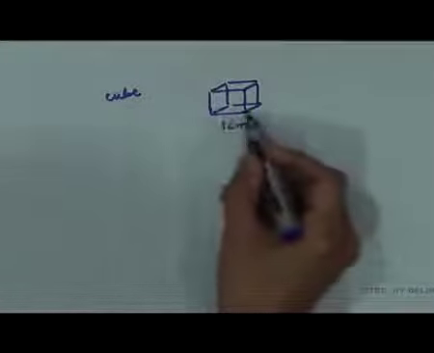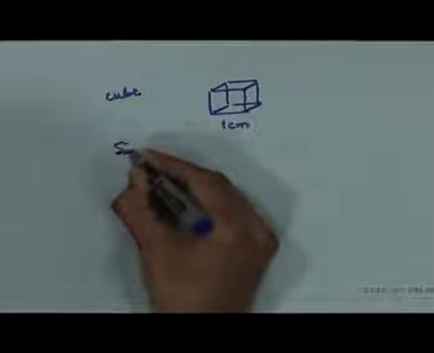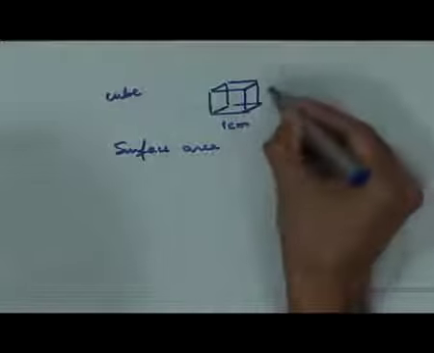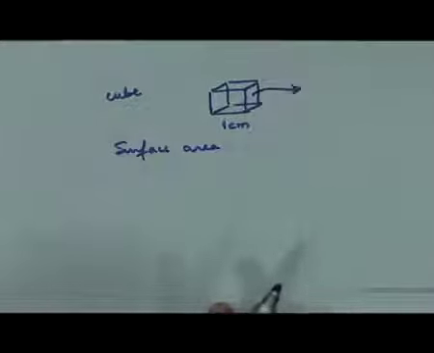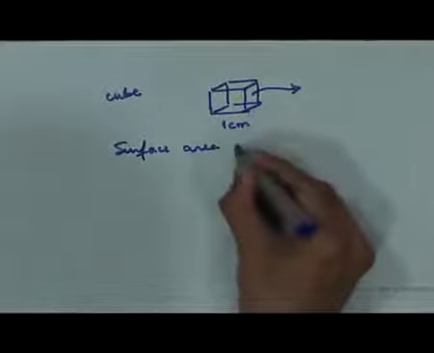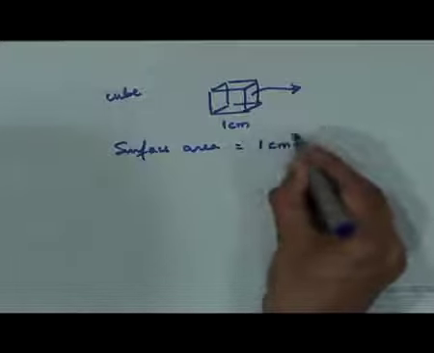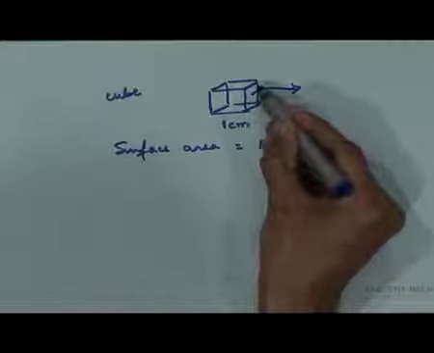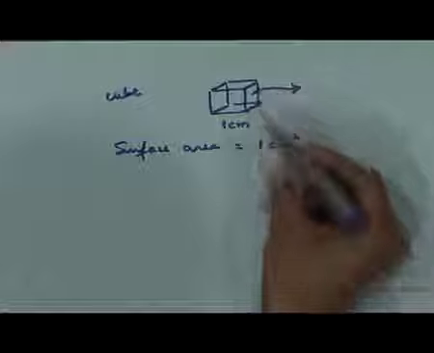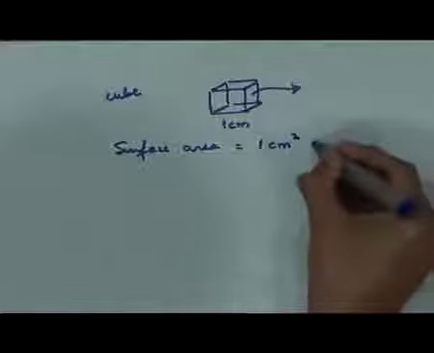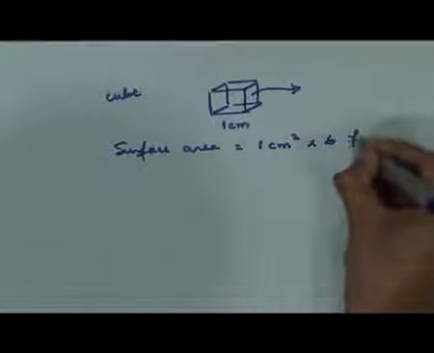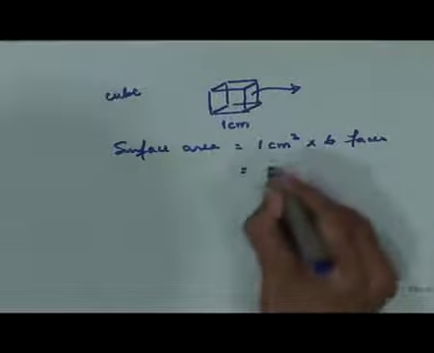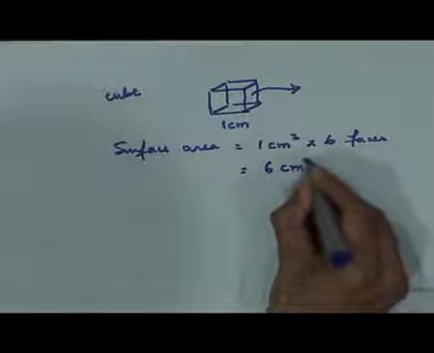If I now compute the surface area of the cube, the surface area is the area of each surface, which is 1 square centimeter, 1 centimeter along a length and 1 centimeter along a breadth or height. So, that gives me 1 square centimeter, and I have 6 faces, leading to a surface area of 6 square centimeter.